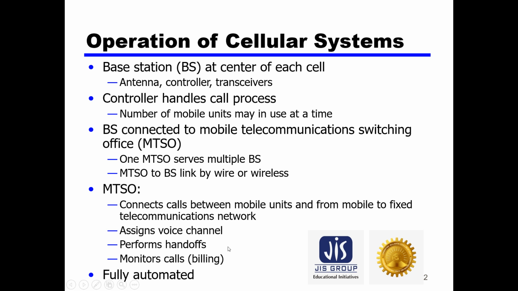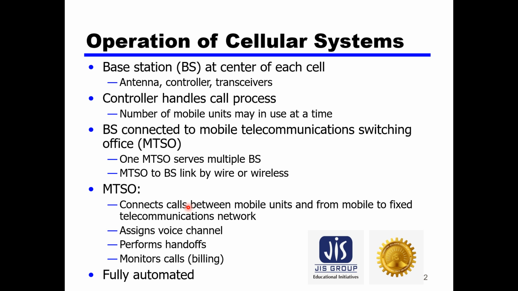What is the purpose of MTSO? MTSO's purpose is that it connects calls between mobile units. Okay, between the mobile units it connects calls. Sometimes the user wants to connect to another user who may not be in the same cell area, then you have to connect to other cells or a different base station.